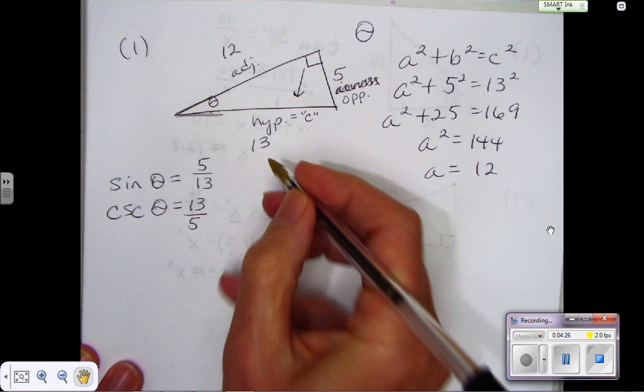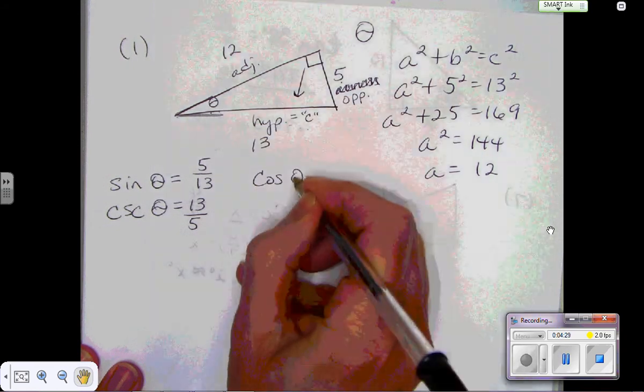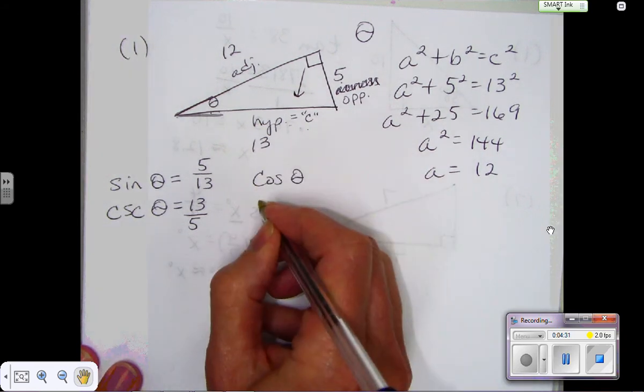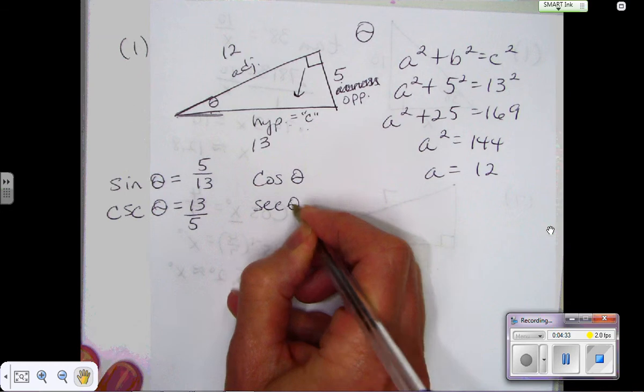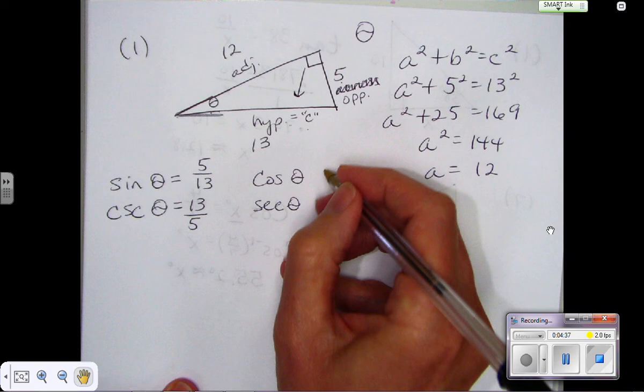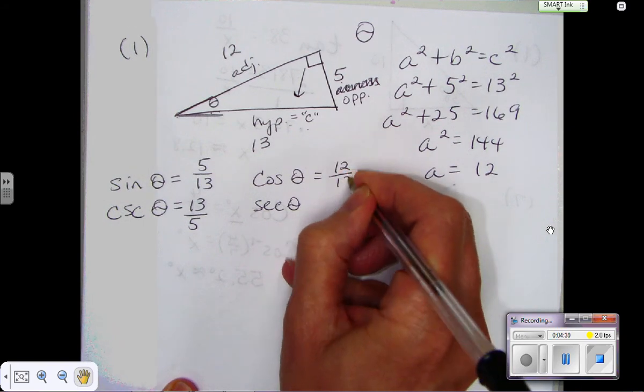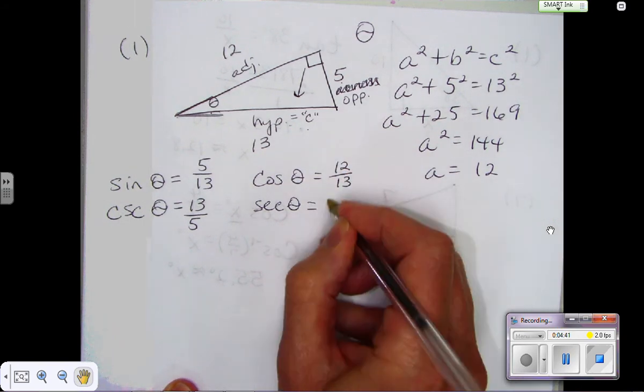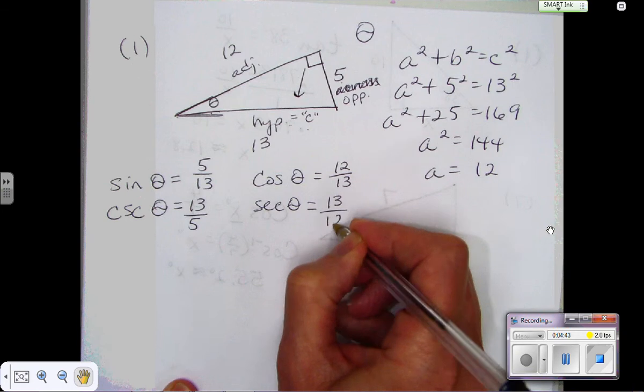Then we have cosine theta, and the inverse for that is the secant of theta. So cosine is the adjacent leg over the hypotenuse. The secant is going to be the inverse, or 13 over 12.